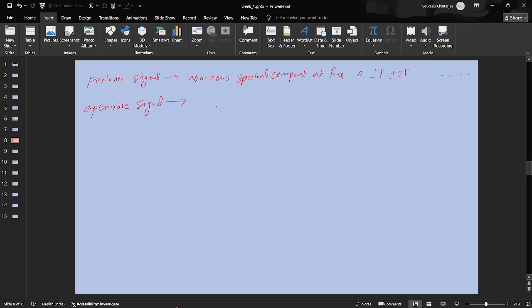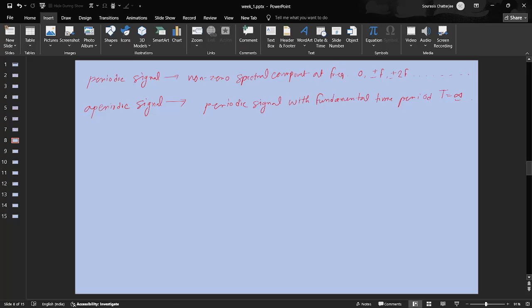Okay, so let me make this argument, and you tell me whether I'm correct or not. I would like to see an aperiodic signal as a periodic signal with fundamental time period T as infinity.